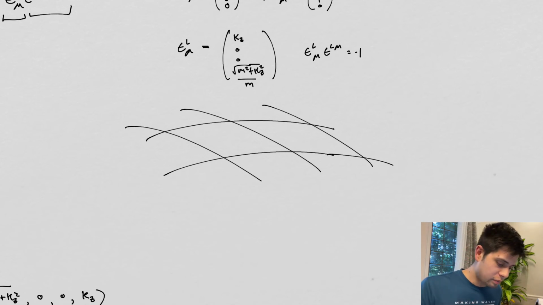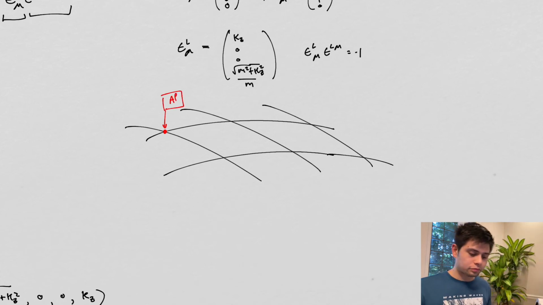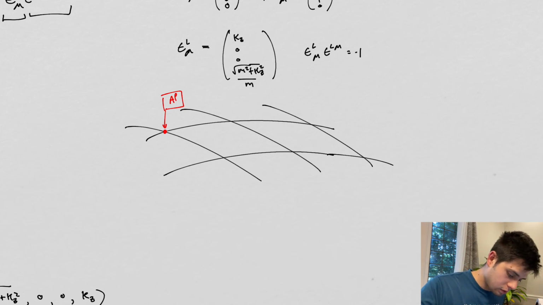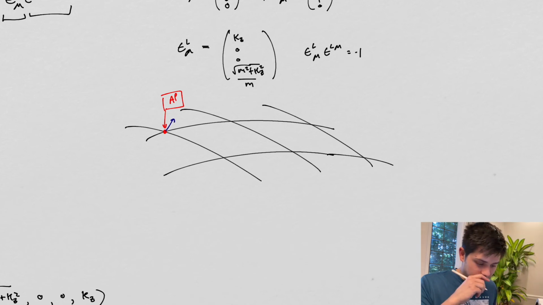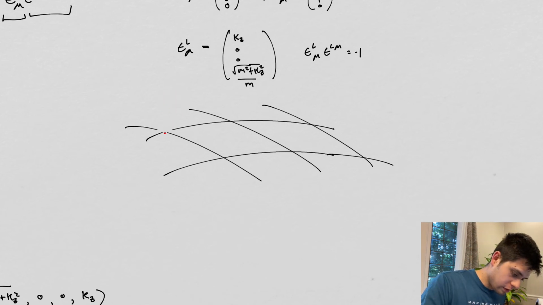Anyways, the picture here is that we have at some point our A row. And our A row can be seen as a vector. So maybe I will redraw this a little bit better.